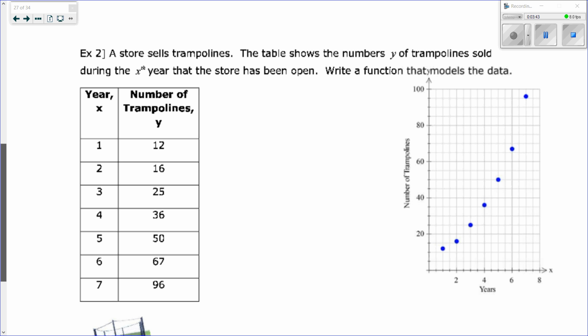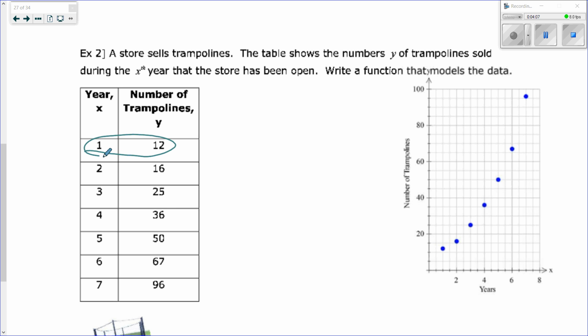All right, so I have a scatter plot of all the points there. And I'm just going to pick 2 points on my line. It doesn't really matter which 2 points it is, but we'll take that one because that makes it easy.